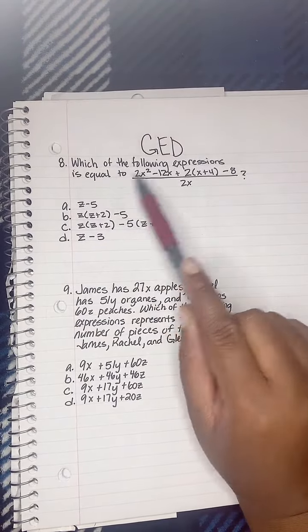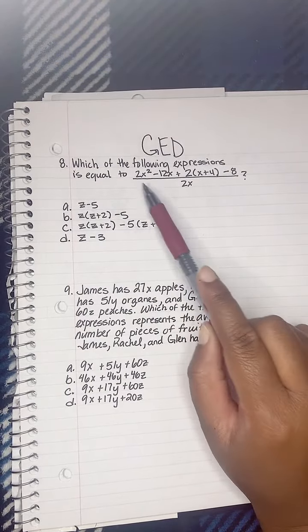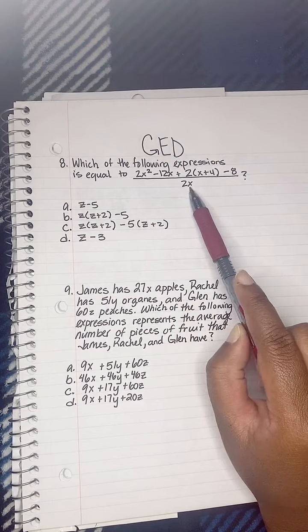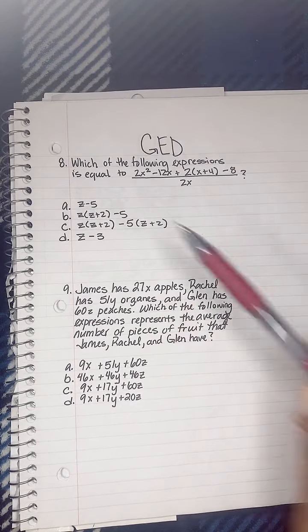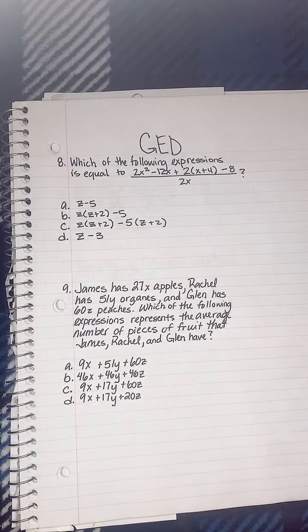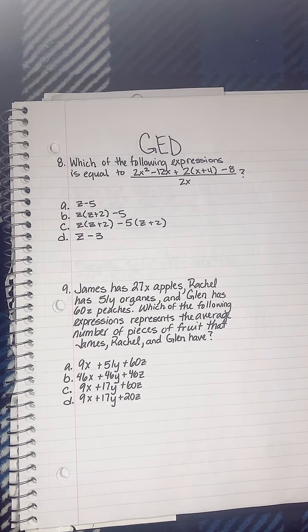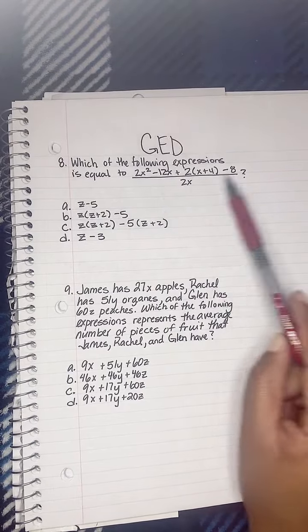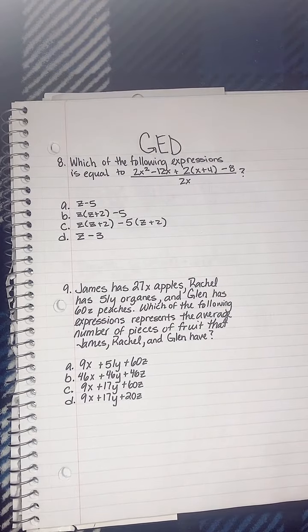Which of the following expressions is equal to this? I tried to put the little line, y'all, so you know this is a Z versus this is a 2. That's why I did that. Oh, you're so welcome. Okay, so where do we start? Where should we start is the question.